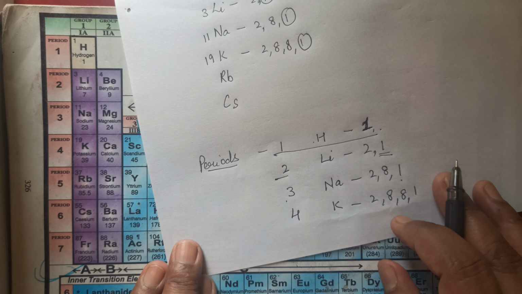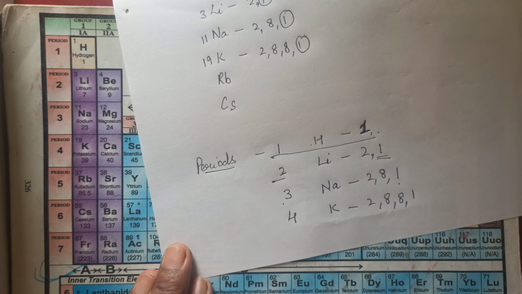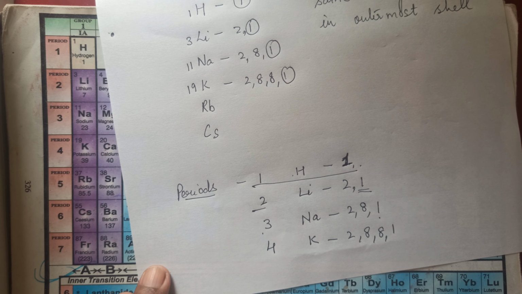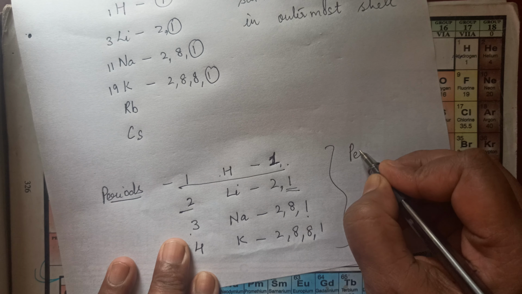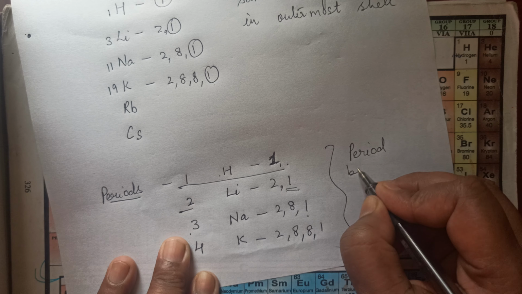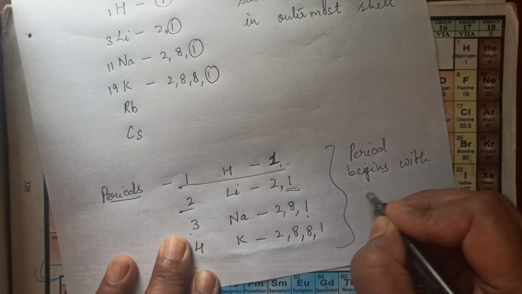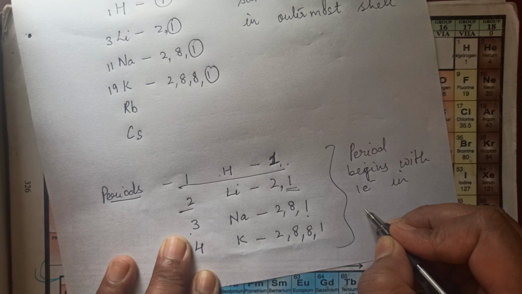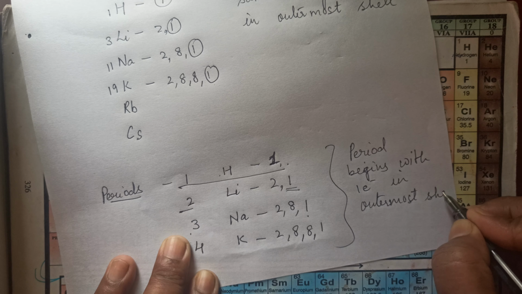That means each period begins with 1 electron in the outermost shell.